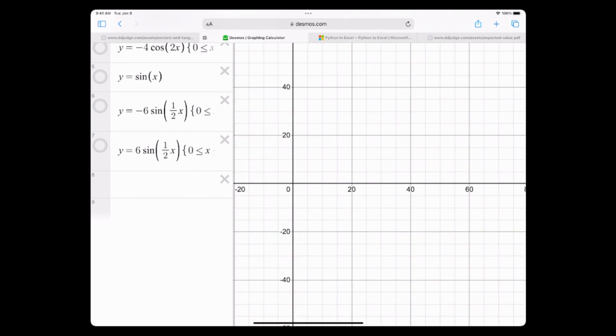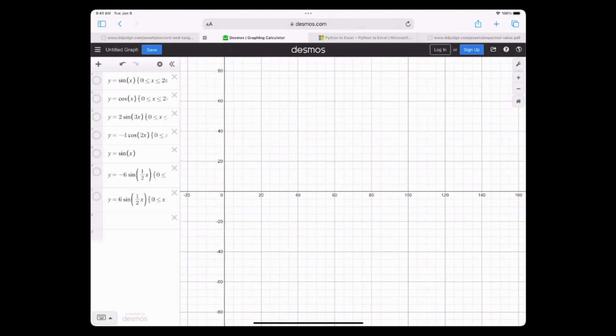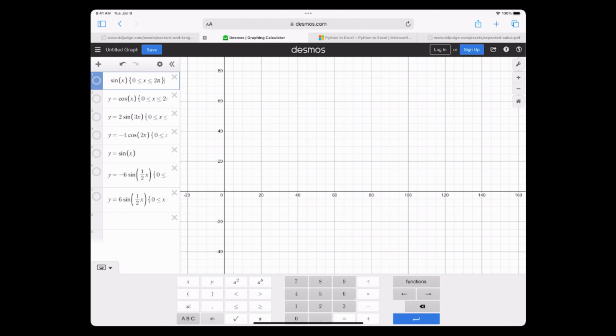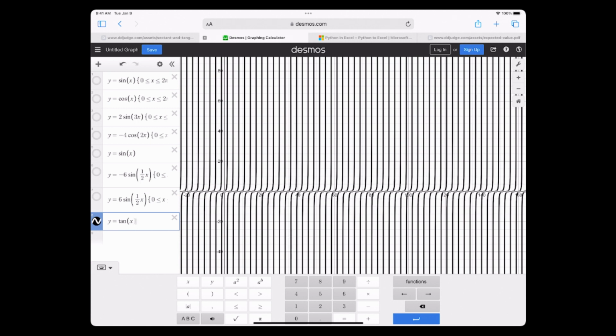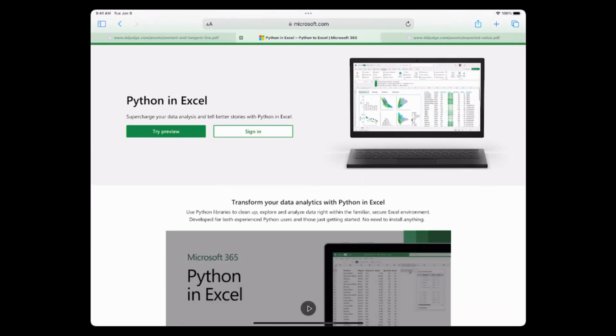It's weird. Okay, there we go. Maybe I just scrolled out. Okay. Y equals tangent of what? X. And if you just look at this, you go, oh my God, what is that? If we scroll in, if I can. Come on, let me scroll in. I may have to restart this. Let's go to Desmos.